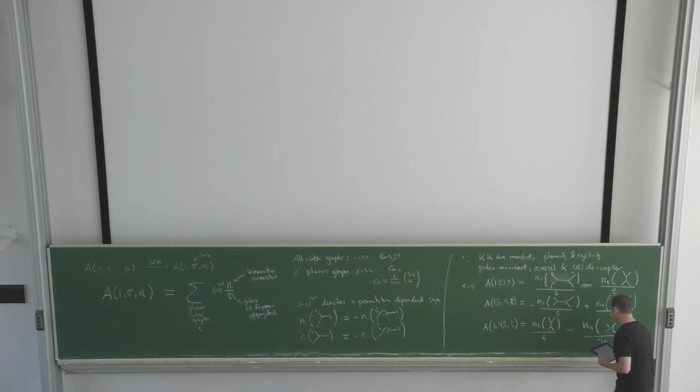And again, these signs here I can get by realizing that there are certain permutations I have to do which affect the trivalent vertices, and that introduces a minus sign here. I could have put a plus sign here, but then I would have to put 2 minus signs somewhere else.